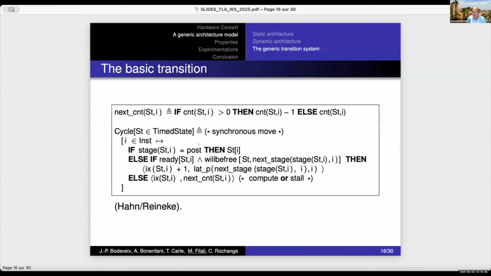If the instruction is ready, and here we have the synchronous aspect that is considered, the instruction has to be ready, and its next stage must be free for the next cycle. This is what is expressed by this will be free. And in that case, the instruction advances to the next stage, and it now takes the latency of the next stage.